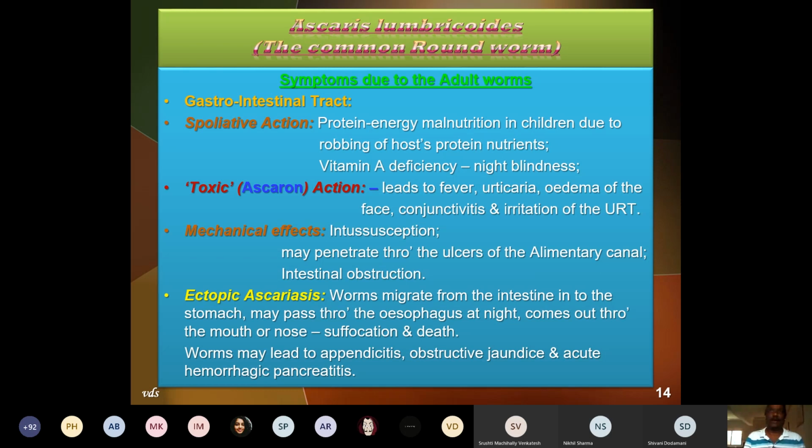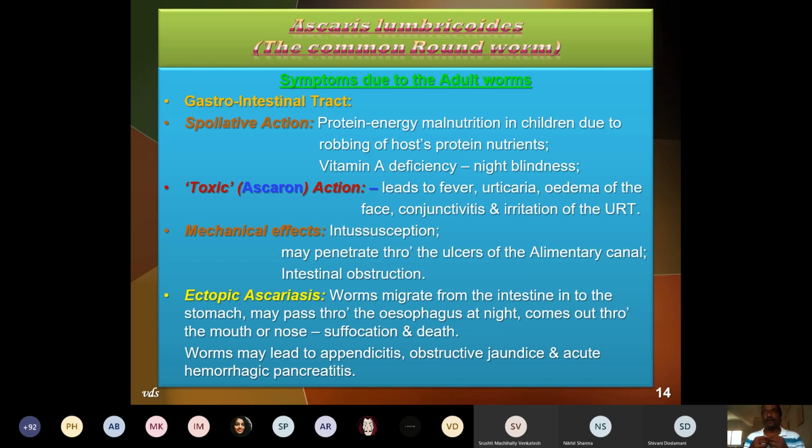Even this may enter into the respiratory tract, because of which there is blockage of the airway passage, and this may lead to suffocation of the patient. In that case, death is certain, because the patient is asleep and this suffocation goes unnoticed. Until the doctor arrives, the patient is dead due to suffocation. This is called ectopic ascariasis.